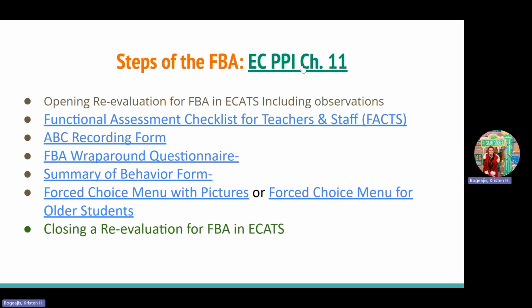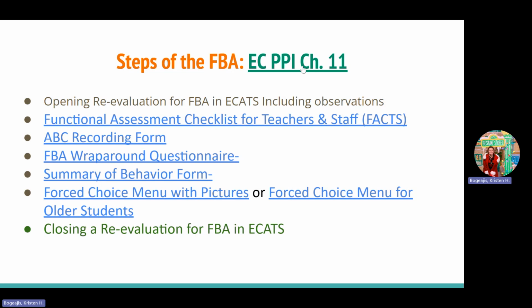You're going to do the ABC recording form. You're going to do the FBA wraparound questionnaire. You're going to do the summary of behavior form. That's what you're going to complete after you've done all of these things. And you're also going to complete the forced choice menu with pictures or the forced choice menu for older students. And we'll go into each and every one of these documents in this presentation today.